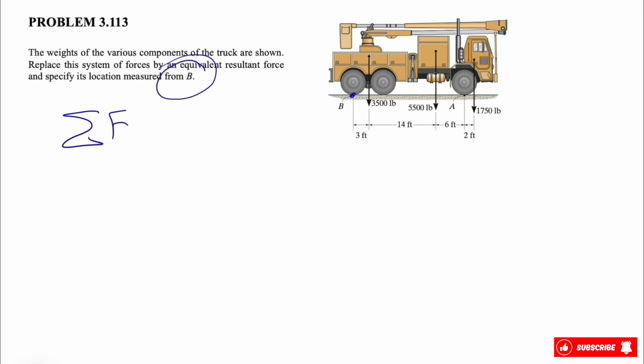So first of all, we need to find the sum of all forces in this question and consider this positive direction for our x and y. We'll see that we have three different forces, all in the negative direction.